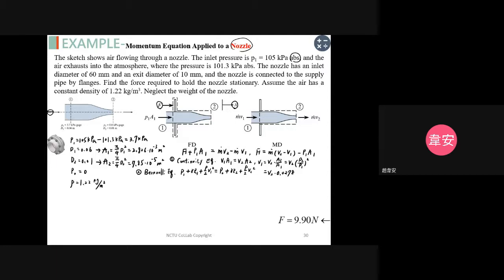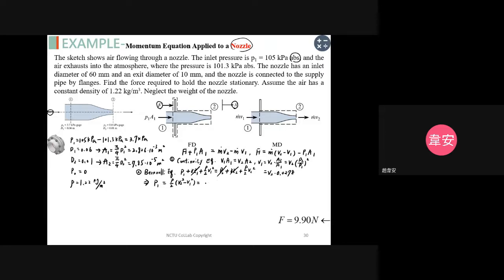Because they are located at the same elevation, the z terms cancel out, and we don't have gauge pressure at cross-section 2. So we can reorganize the equation: P1 gauge pressure is equal to ρ/2 times (V2 squared minus V1 squared).